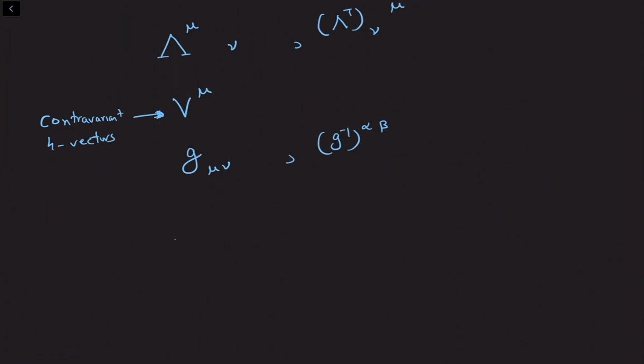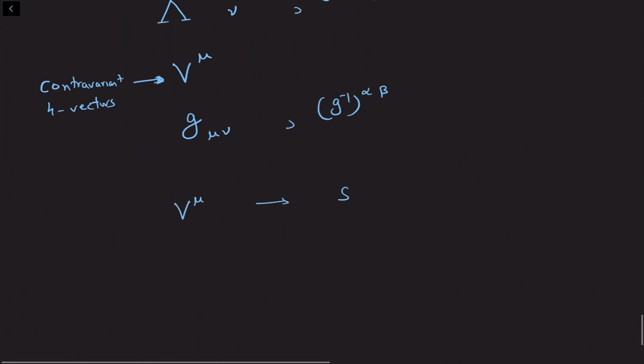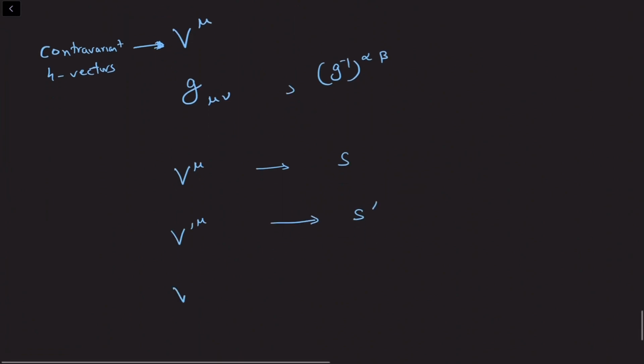That is, if I know the vector v mu in one reference frame, say in the frame of an observer S, and I want to find v prime mu in the frame S prime, then the transformation rule is v prime mu is lambda mu nu v nu, where I've summed over nu. This would relate the vector in S prime to the vector in S.